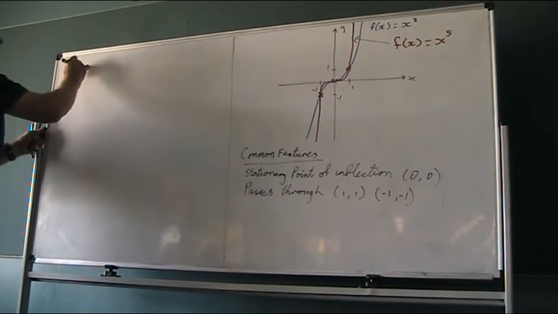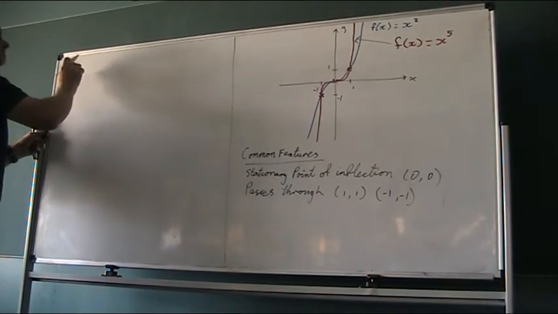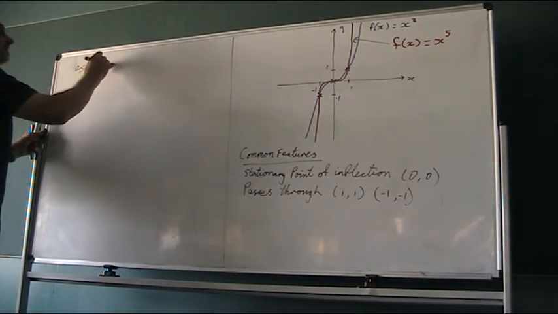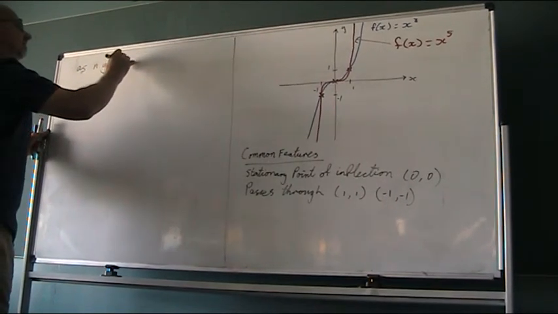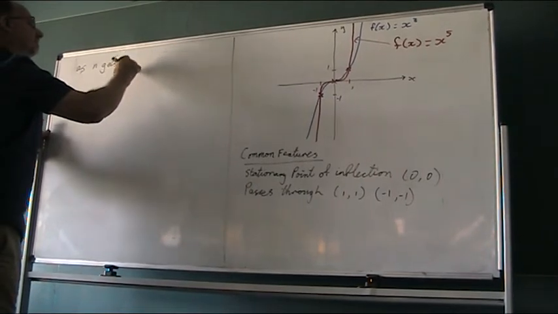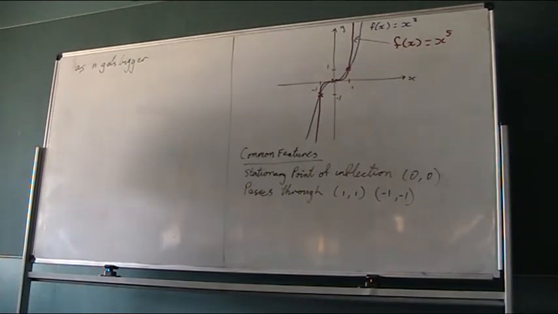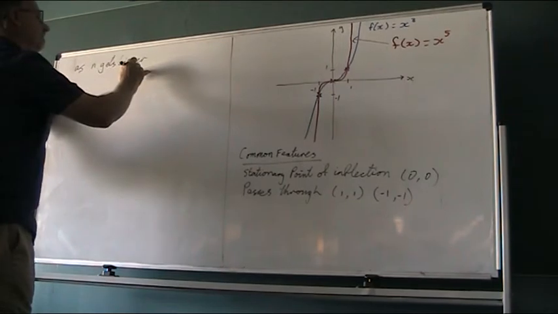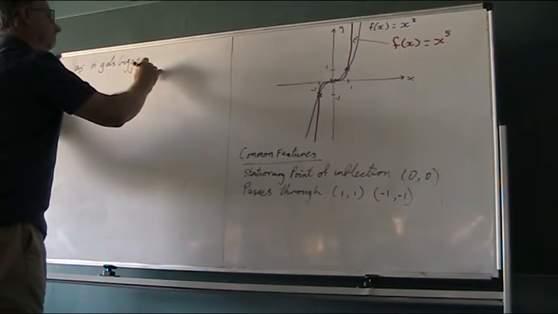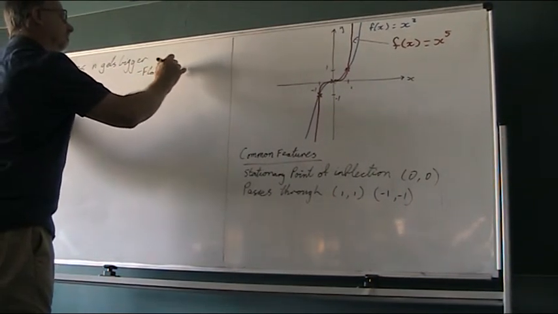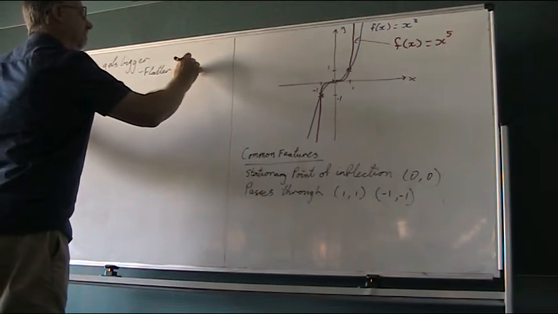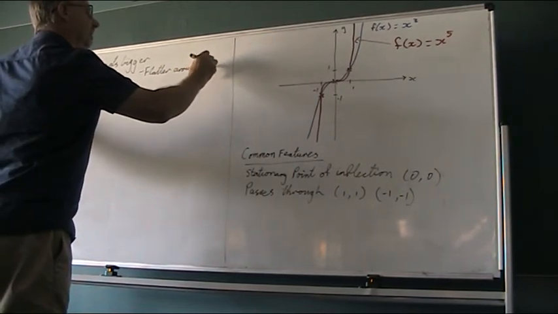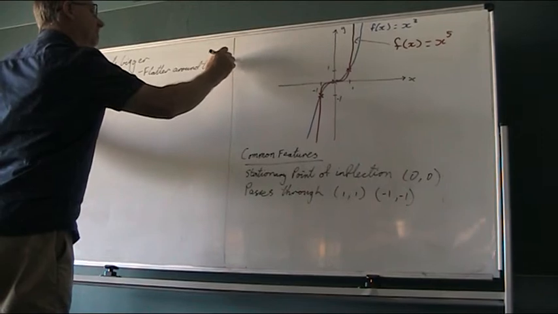So, as n gets bigger, it's flatter around the point of inflection, POI.